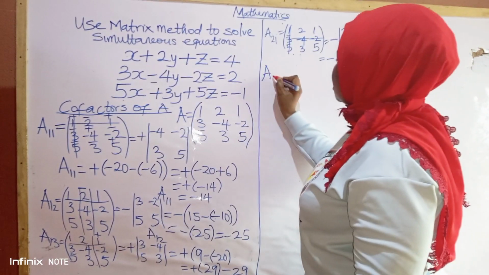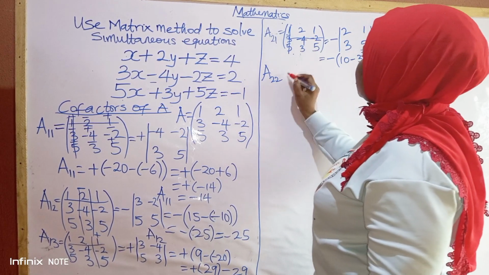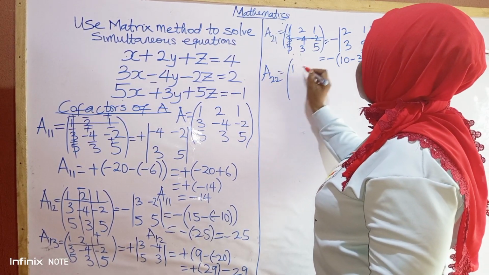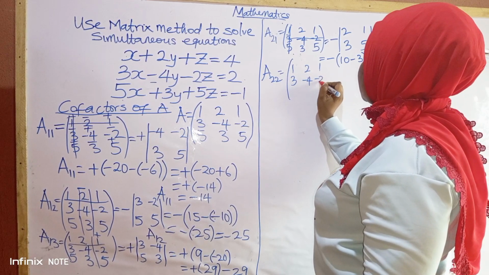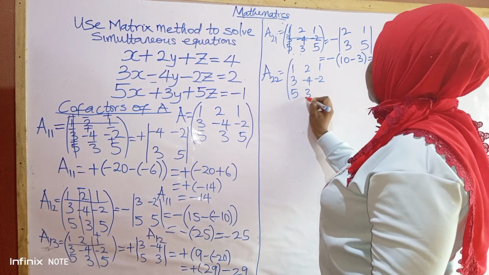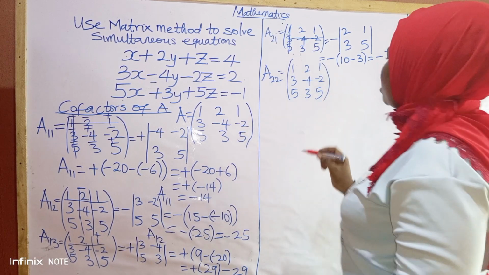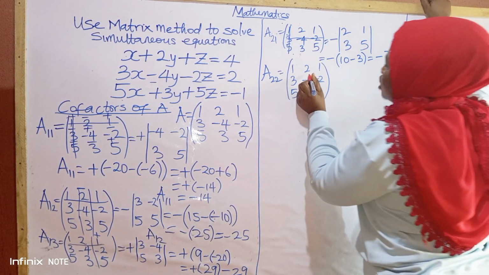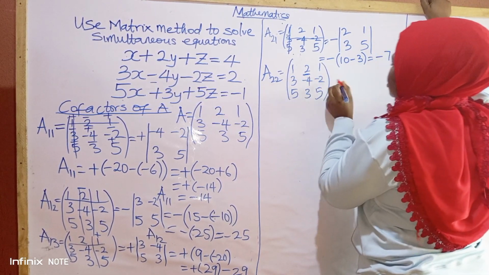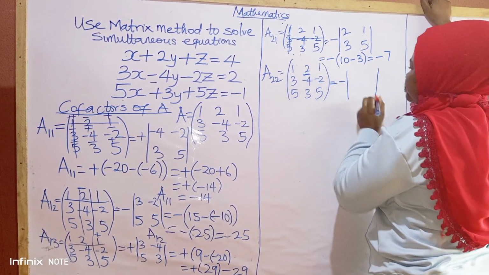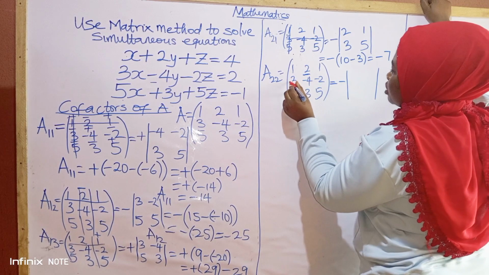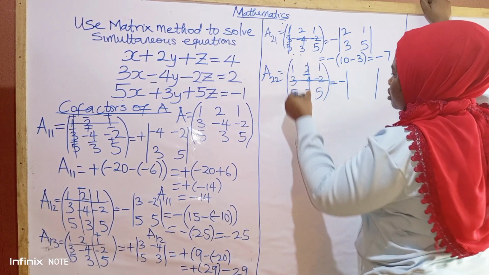So A22, here is A22, so let's write it: 1, 2, 1, 3, minus 4, minus 2, 5, 3, 5. So here is A22 and it has minus. So I have minus, then determinant of, cover where it belongs horizontally, cover where it belongs vertically.